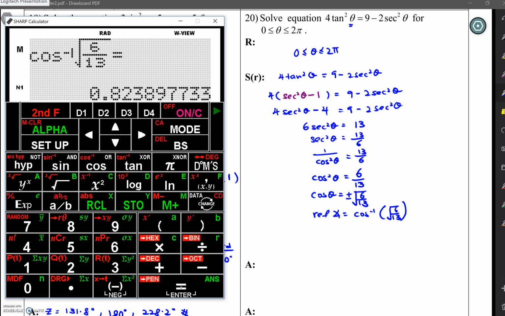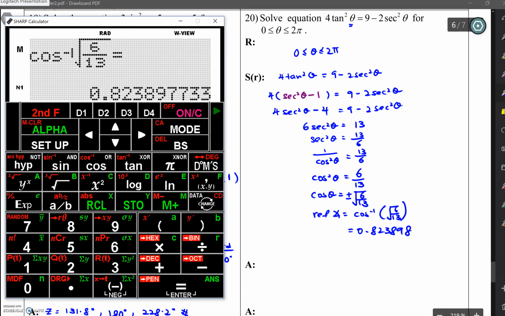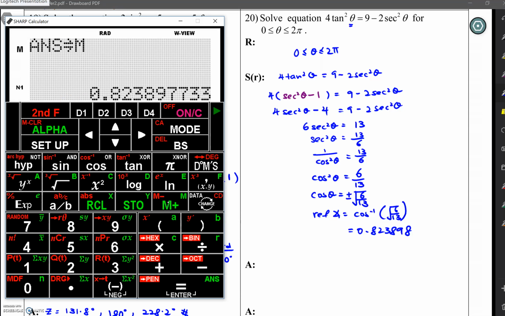And this will give you the value 0.823898. Before I forget, I want to keep using this value, the reference angle, so I have to store it in memory to make life easier for myself.